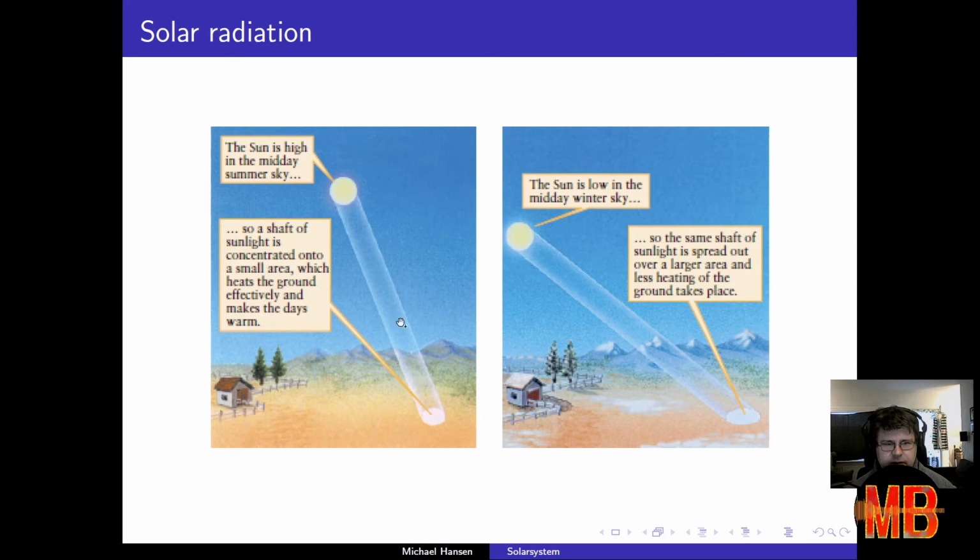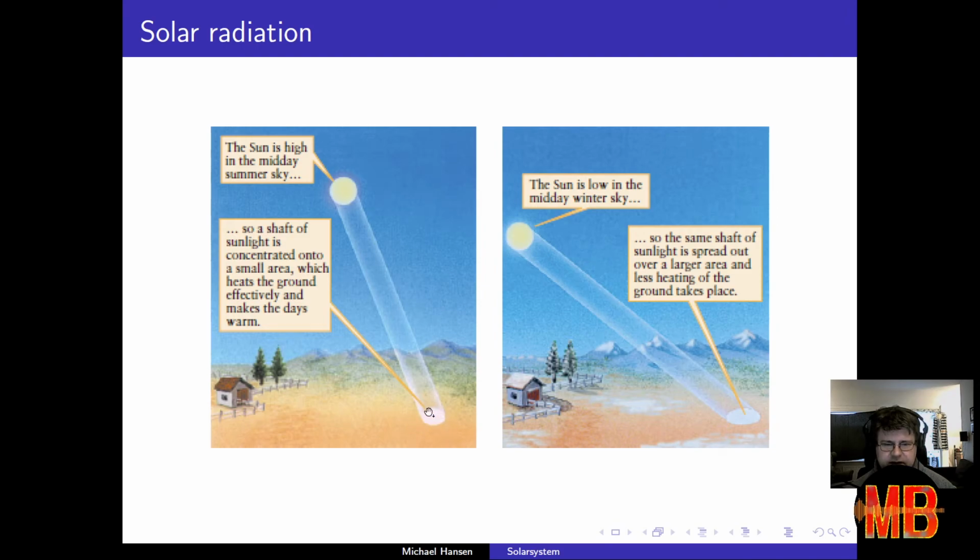So in the summertime, the sun is high in the midday sky, meaning that if you imagine a straight line down, you can see that the amount of area that this little beam of light from the sun hits is a relatively small area.